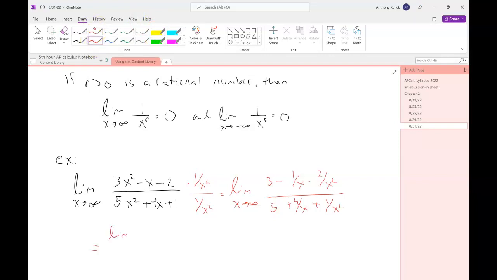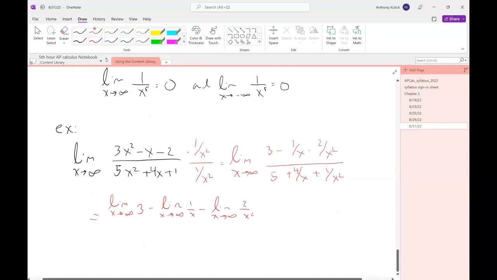Then using my limit rules, I can just distribute that limit all throughout.